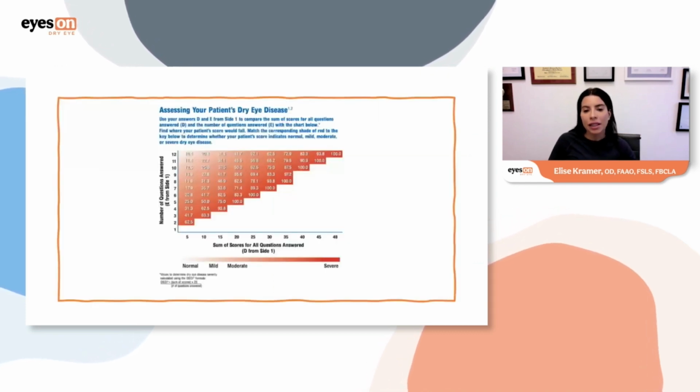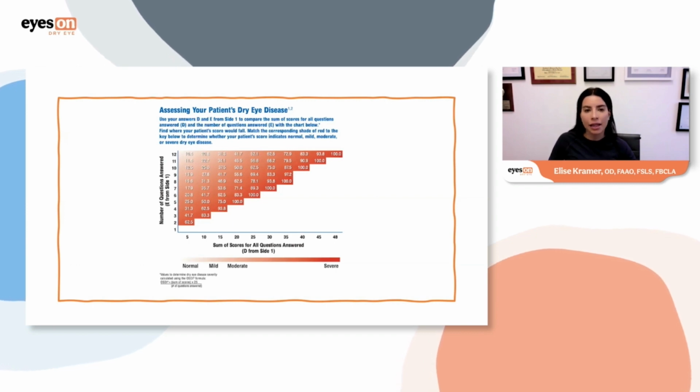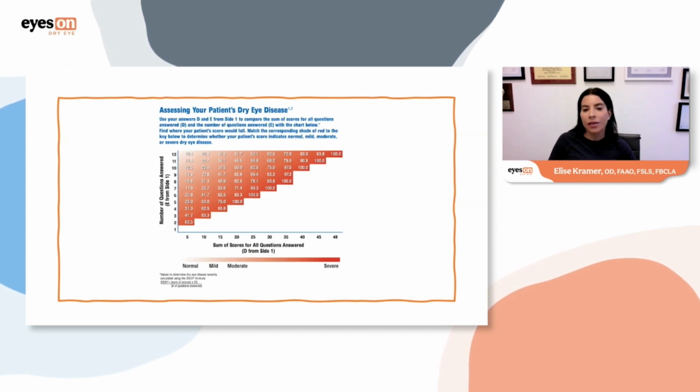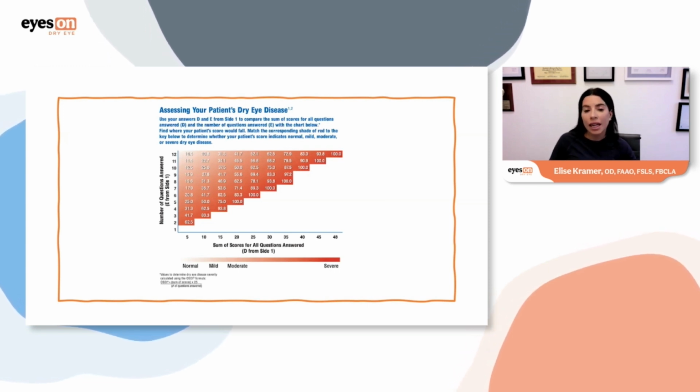I personally love to use a questionnaire in office. I love the OSDI. It allows patients to answer questions about their quality of life and address how dry eye is affecting their everyday life, and when it affects them. For example, is it in the morning? Is it in the afternoon? Is it in the evening? Is it all the time?